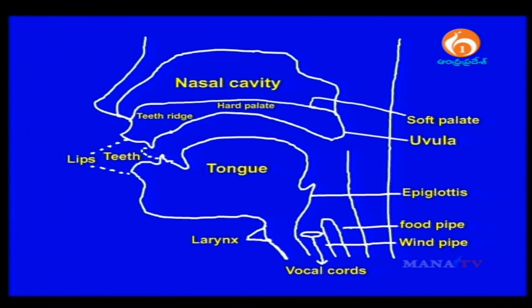If you go further down, this is where you have the vocal cords, and then the pharynx, the food pipe, and the windpipe. Let's move on and talk about how we pronounce each of these sounds.